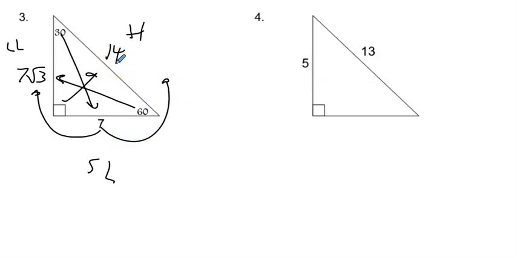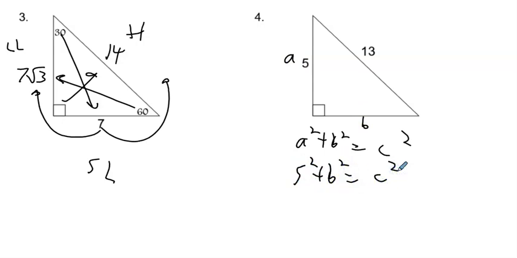Over here, we have no angles, so we have to use the Pythagorean theorem. A squared plus b squared equals c squared. Now again, it doesn't matter what you call it. This is a, let's call this b. So 5 squared plus b squared equals c squared, which is actually 13, so I screwed that up. So 25 plus b squared equals 169. If the board would let me write the numbers.